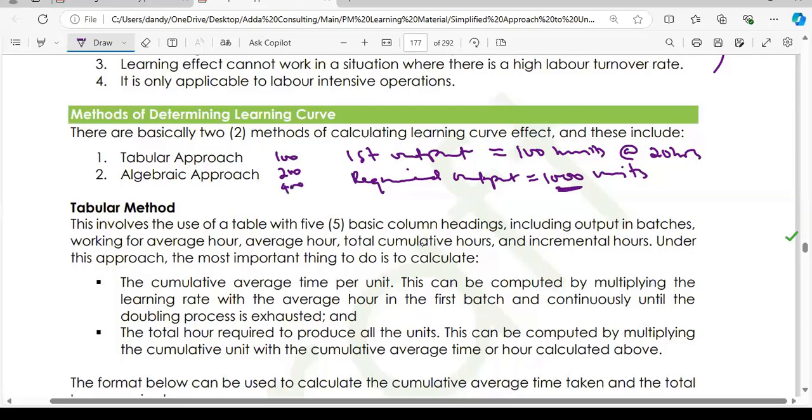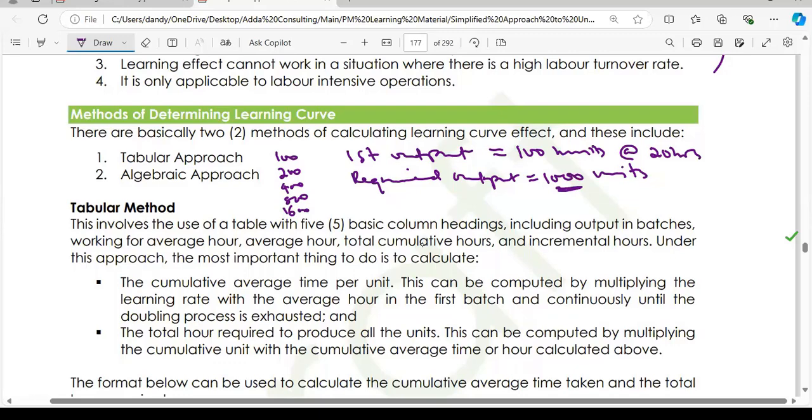If I double 400, it becomes 800. If I double 800, it becomes 1,600. You can see that the required output of 1,000 is not within the doubling range. In this case, I cannot use the tabular method because the tabular method is only suitable where the required output is within the doubling range.